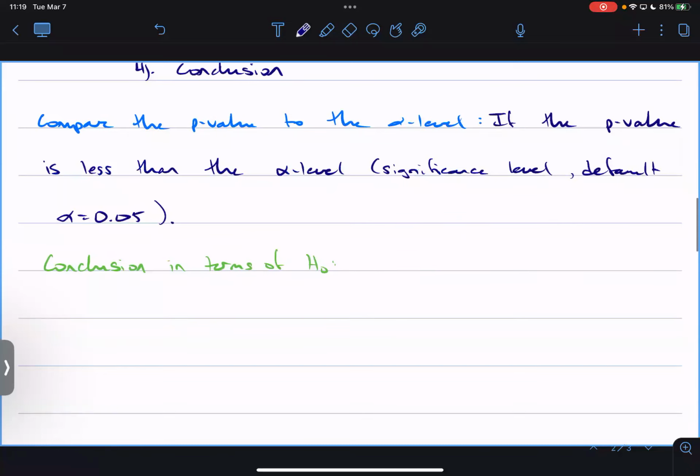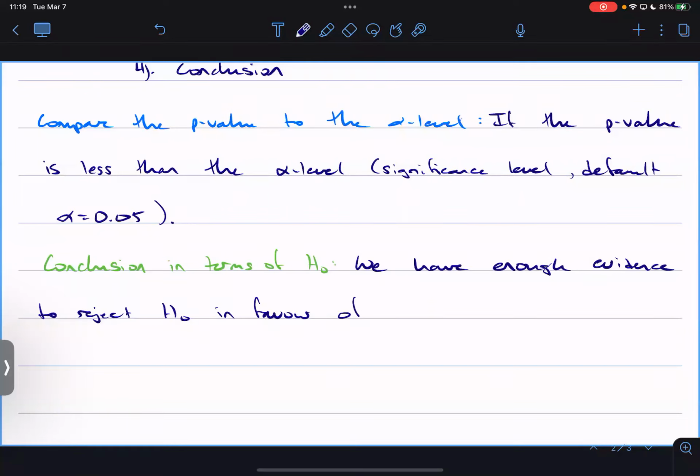Okay, so the conclusion in terms of H naught, following from here: if the p-value is less than the alpha level, we have enough evidence to reject H naught in favor of HA, right? You either do have enough evidence or you do not have enough evidence to reject H naught.